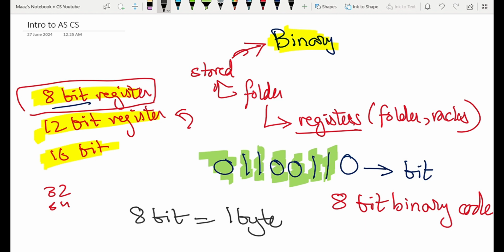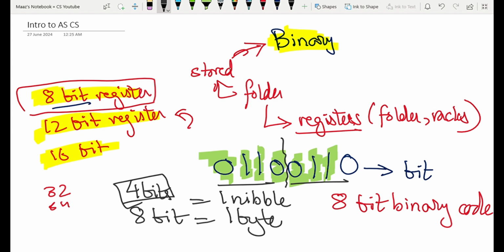This is something students study at O levels, but then there is something new in the AS content, and that is if you have 4 bits, or if you split this into 2 equal parts, each part is equal to 1 nibble. Now sometimes they might ask you what a nibble means, and you need to tell them that a nibble is when you combine 4 bits together. You get only 4 bits. And 2 nibbles make 8 bits.